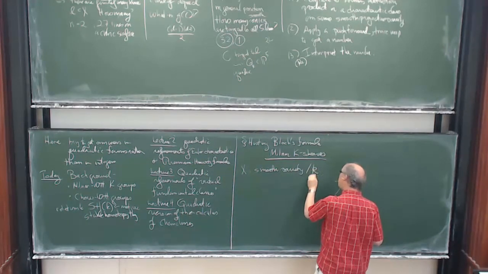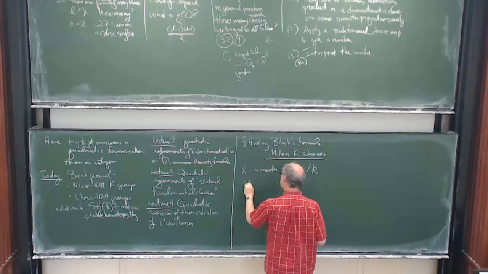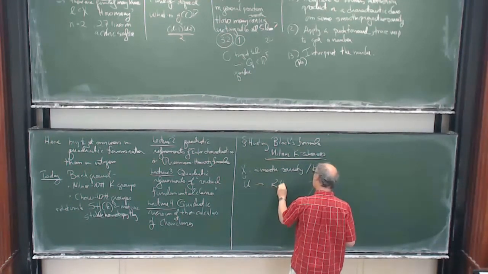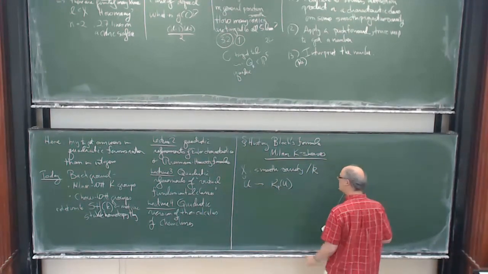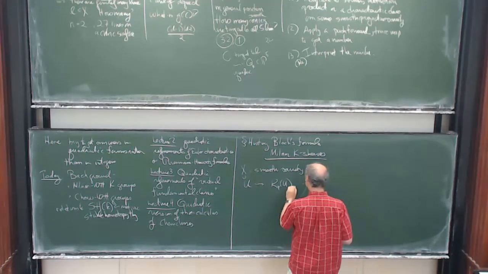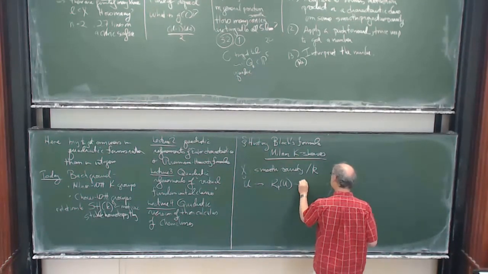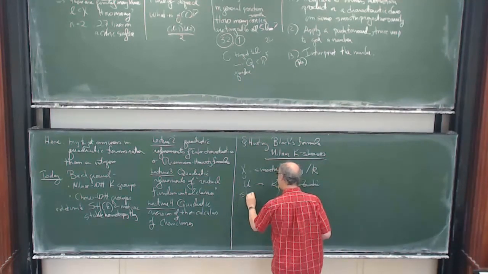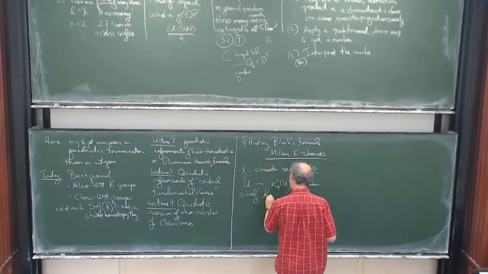over some field K, and then we can take U inside of X, some open, and send it to the pth K groups of U. This is the algebraic K groups. This is a pre-sheaf, and this gives rise to the associated Zariski sheaf Kp.